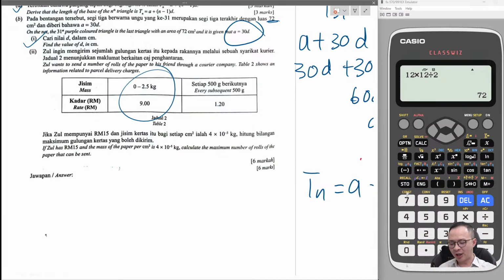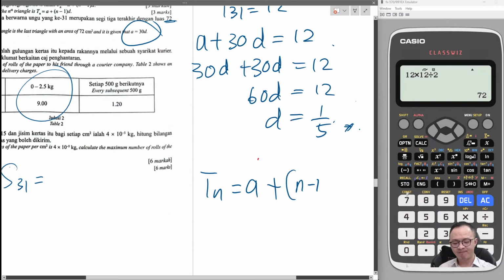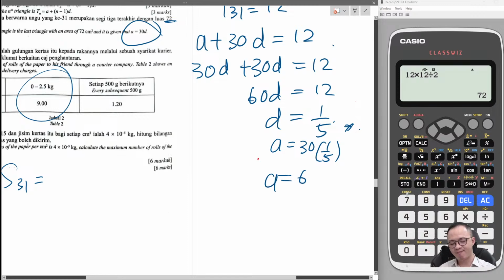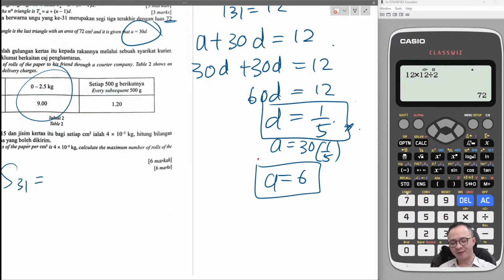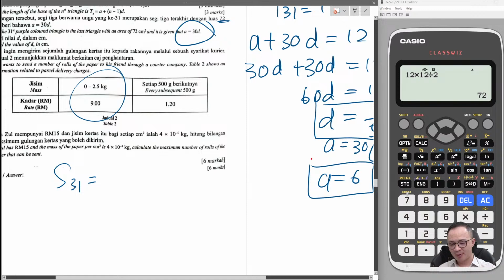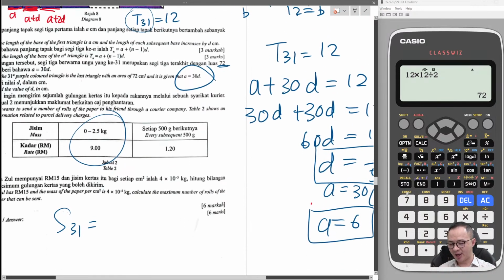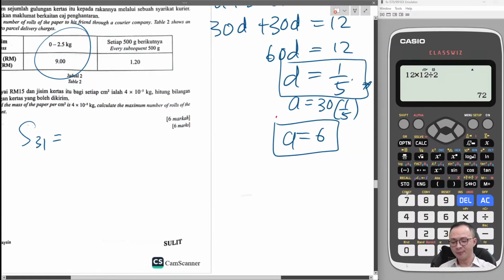Okay, so I will find S31. What is my A? A is 30D, right? 30D is 30 multiply 1/5 is 6. My A is 6. D is 1/5. Is this an AP or GP? AP, right? Yeah, it's AP.